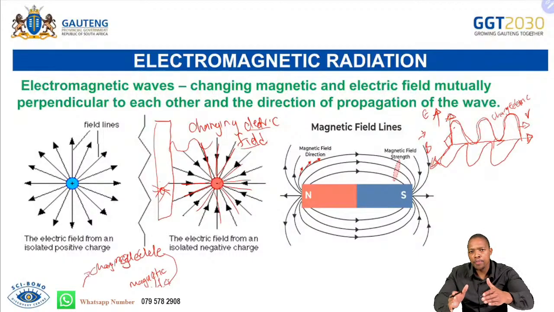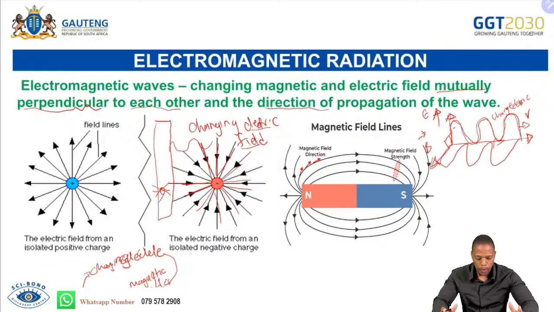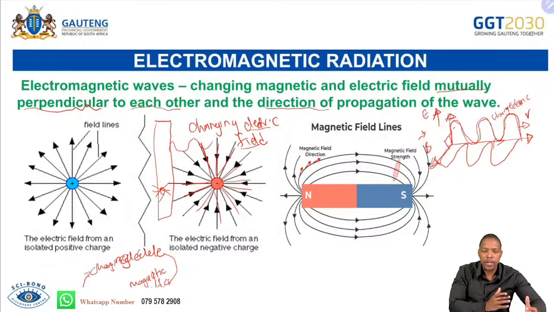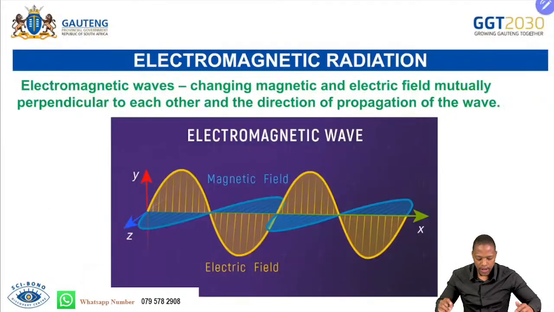They both propagate mutually perpendicular to each other, and they are also perpendicular to the direction of propagation. That's why we define electromagnetic waves as changing magnetic and electric fields that are mutually perpendicular to each other and to the direction of propagation. Okay, so what I'm trying to draw here, grade 12, looks something like this.